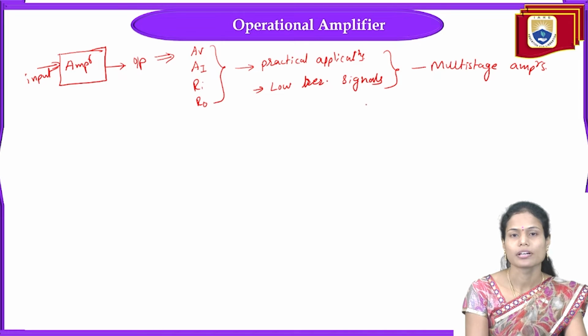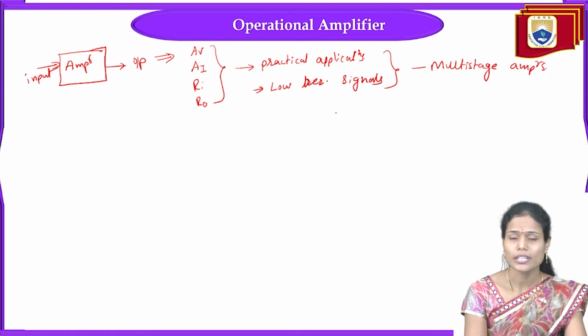In the case of multi-stage amplifiers, we can take any single stage amplifiers, that may be bipolar junction transistor amplifiers or field effect transistor amplifiers, and in that also we can take any configuration: common emitter, common base or common collector in the case of BJT, or in the case of FET, common gate, common drain or common source amplifiers.